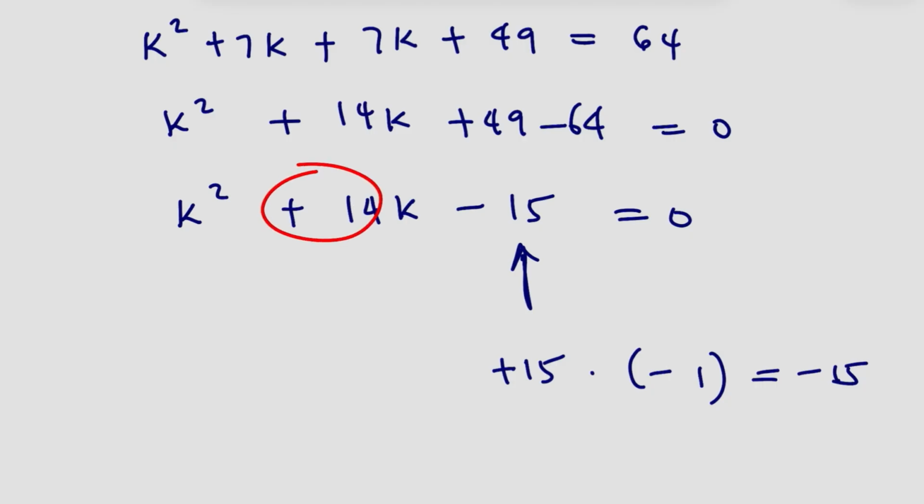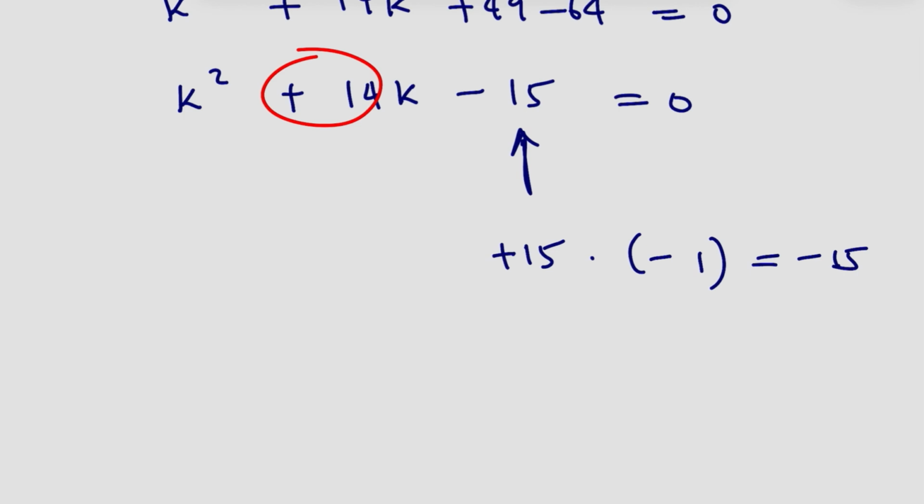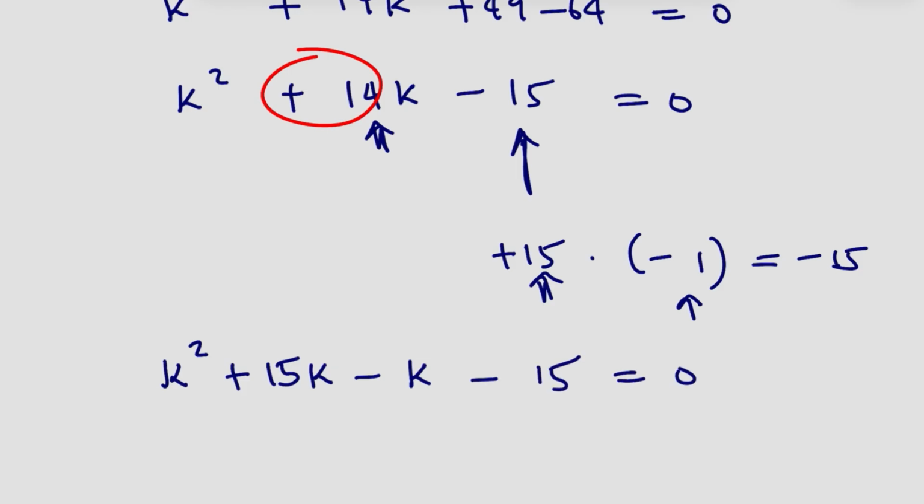And that's exactly what we need to factorize this quadratic equation. So let us split 14 into 15 and negative 1. So that's going to be k² + 15k, then - k - 15 is equal to 0.